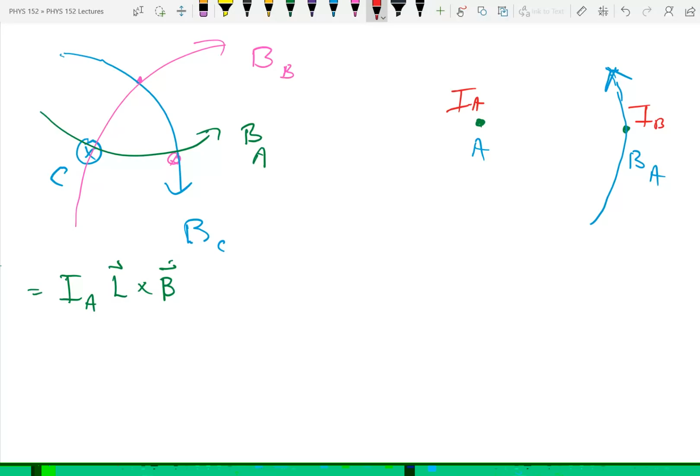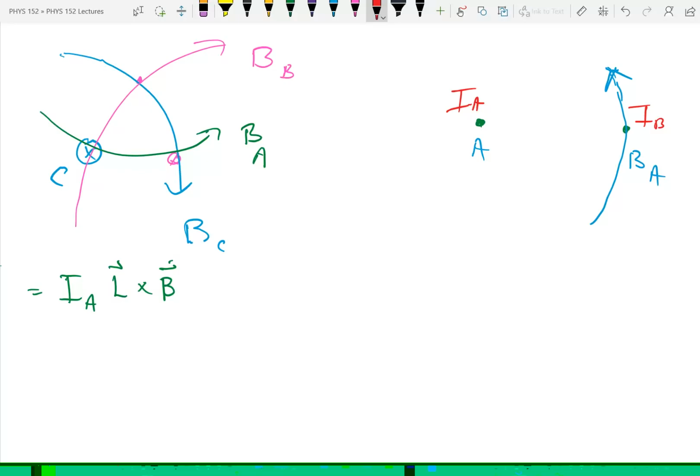Force is IL cross B. If I want to find the force on wire B due to the magnetic field created by wire A, how do I use the right-hand rule to find the direction of that force? The thumb is the direction of the force.